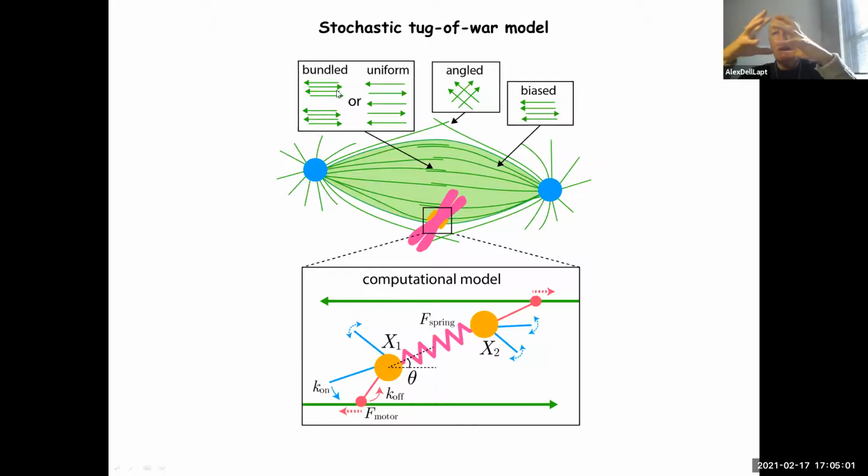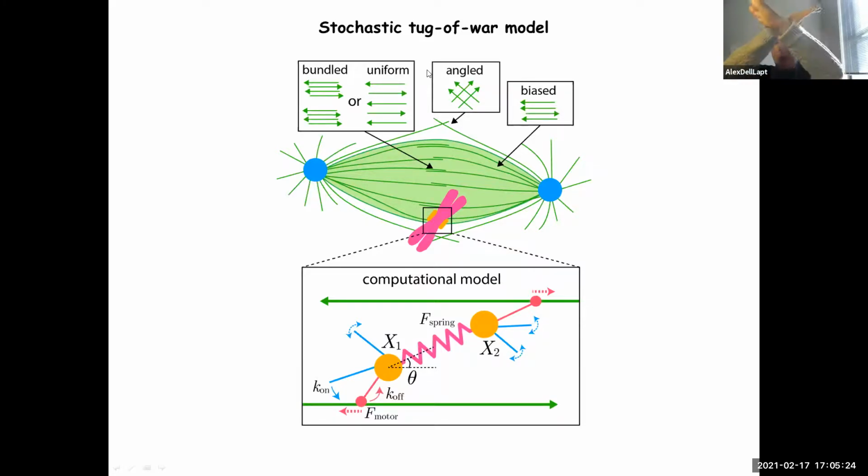So it could be like an elastic cage built of these ribs of bundles of microtubules like that, or it could be just uniformly covered by a microtubule surface.